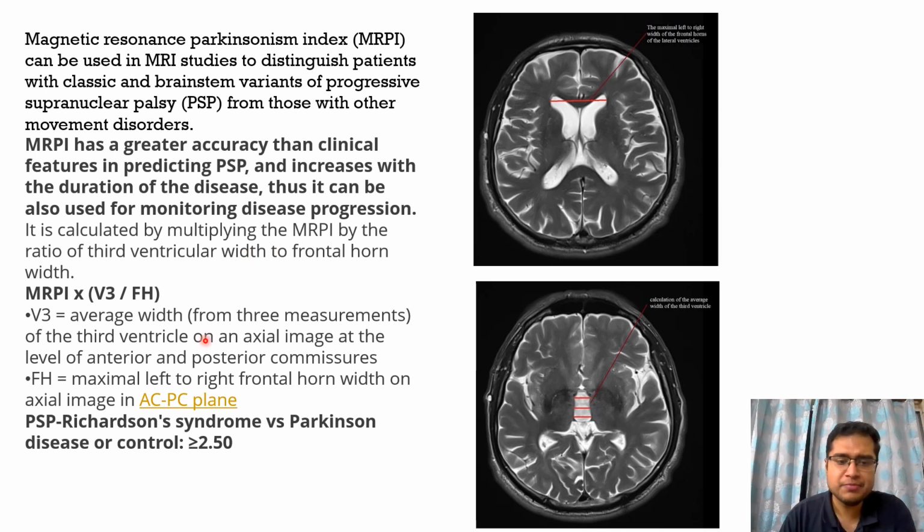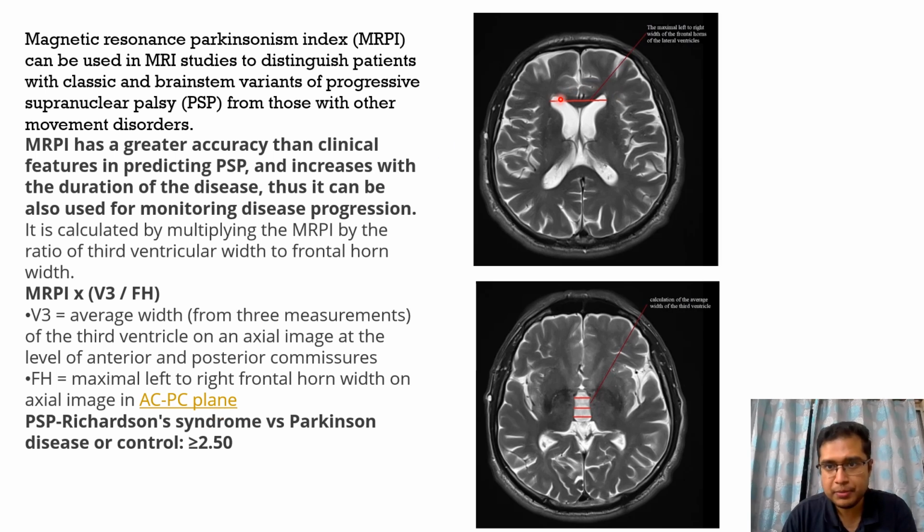A version 2 has been added recently for this measurement of Parkinsonism index, which includes the average width of the third ventricle on the axial images. So these three measurements are taken, and the average of these is V3. Another important thing is the maximal left to right frontal horn width on the axial sections at the anterior posterior commissure plane.